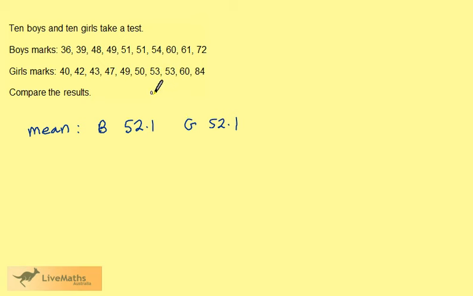If we want to compare, we also need to know how spread out it is. One measure of this is the standard deviation. The standard deviation for the boys can be computed by doing 36 squared, add 39 squared, and so on, up to 72 squared.